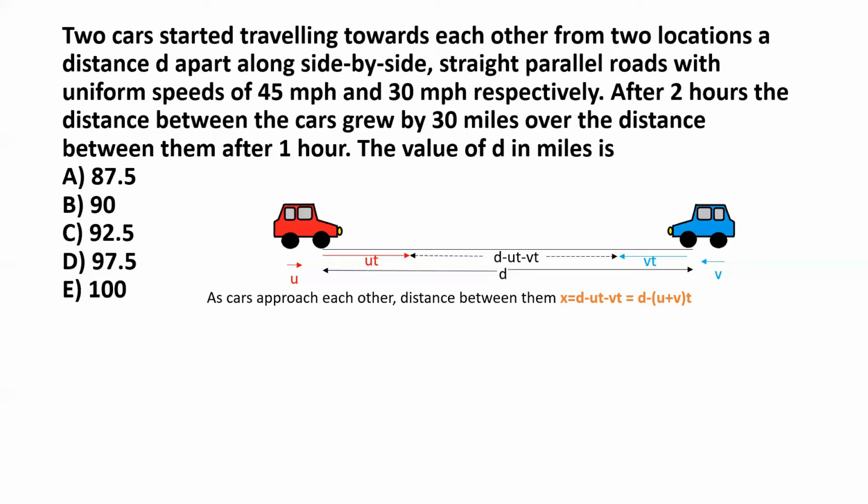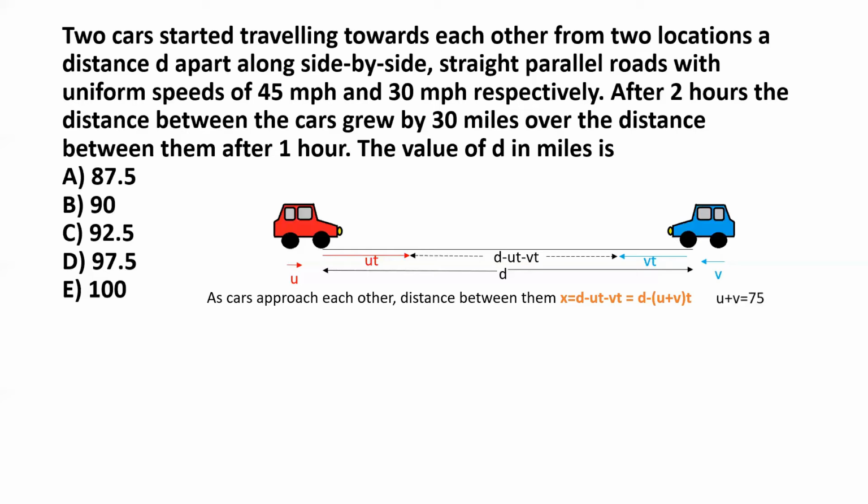What this equation tells us is, in unit time, so if t is equal to 1, the distance between the cars will reduce at the rate of u plus v. So u plus v is basically their relative speed. Since they're traveling in opposite directions, the relative speed is the sum of their individual speeds.